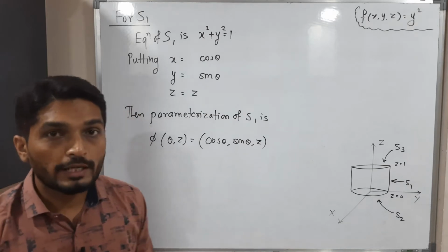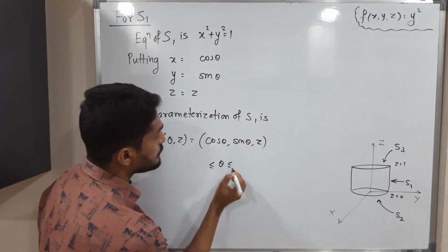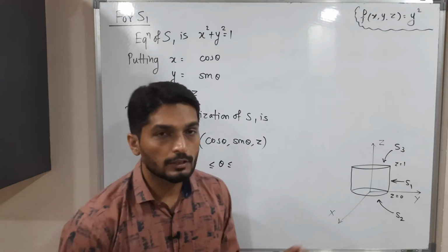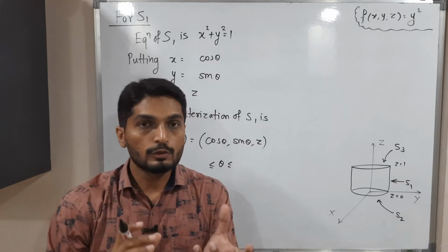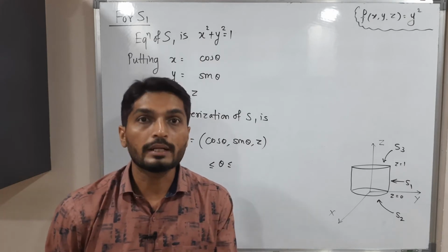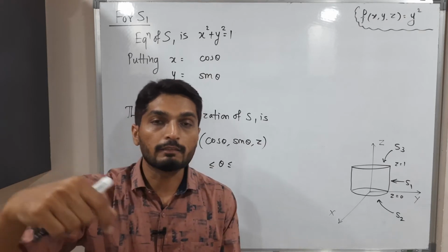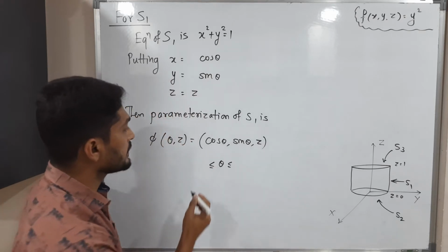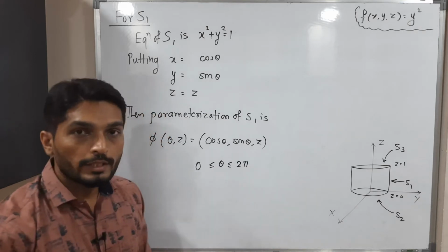So obviously we should write the limits also. I am going to write the limits of theta. As you can see here, we have to cover the complete surface, so we should move theta by 360 degrees, then we can easily cover the entire surface. So theta should vary from 0 to 2 pi. Let us talk about z.